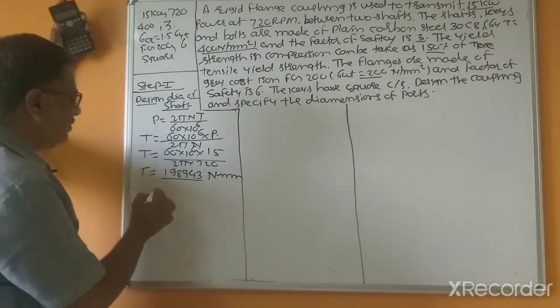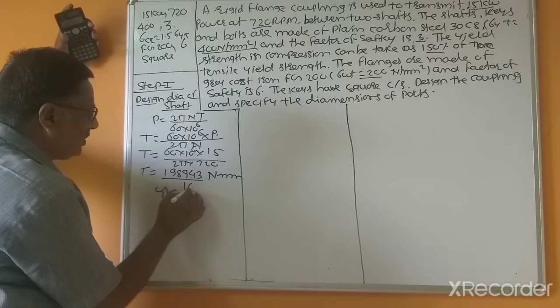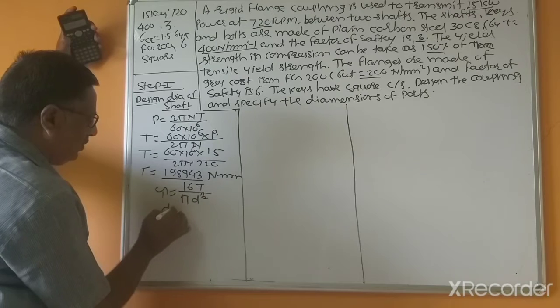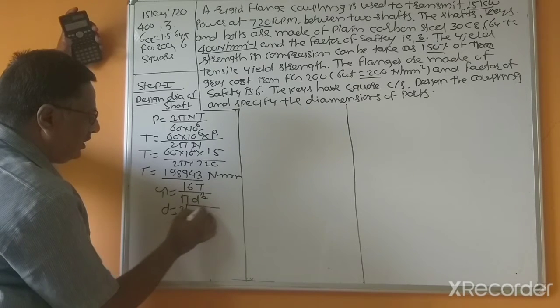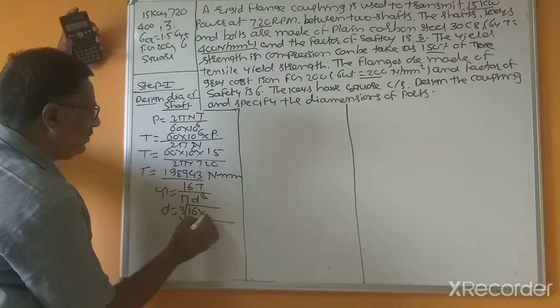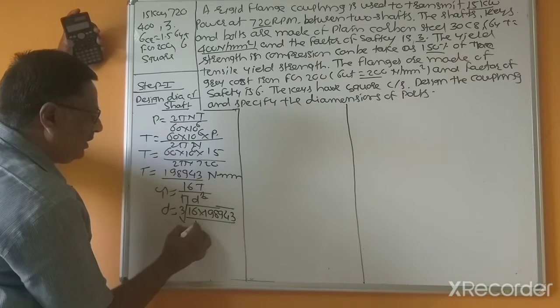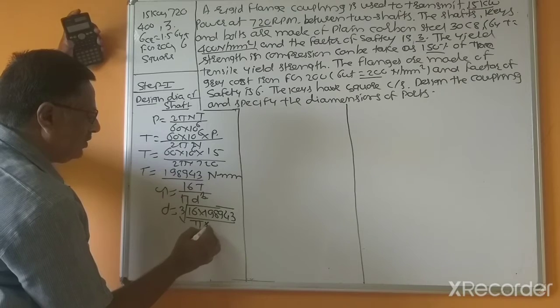By using these relations, tau equals 16T divided by pi d cube, and d equals cube root of 16T divided by pi into tau.